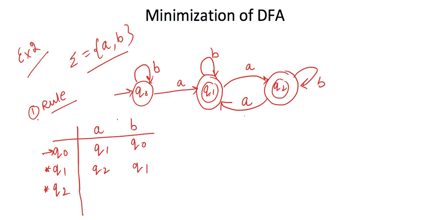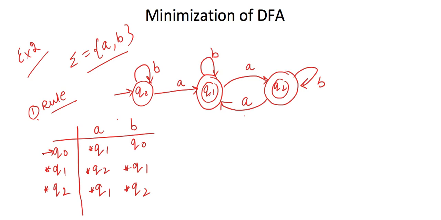Q2 on a is moving to Q1. Write it down. Q2 on b is remaining at Q2. Just mark the final states Q1 and Q2 wherever they occur. It will help you, and the chances of error will become low.